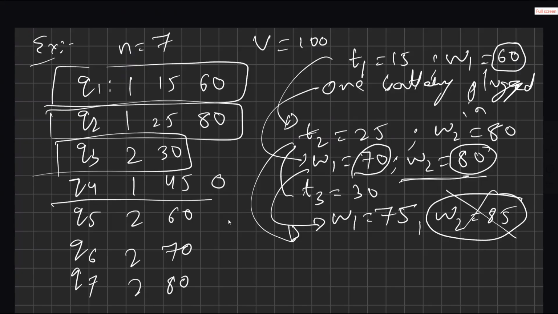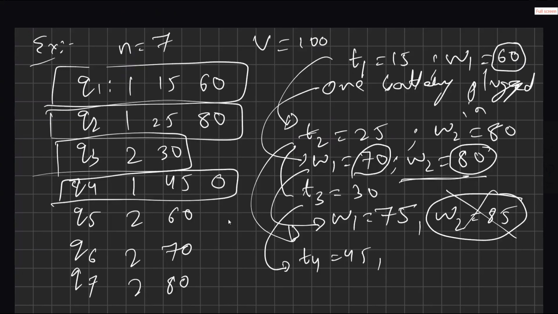Now we have query 4 and it's type 1, which means we have to insert a battery. The time is now 45, so the difference is 15.